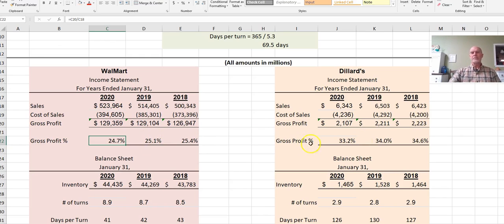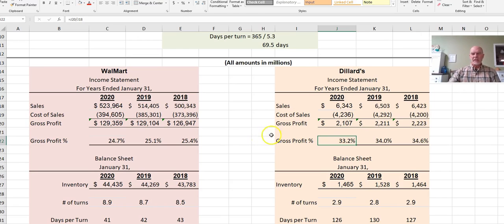So Dillard's, not a very different type of store, very different type of strategy. I'm just using it for comparison. But their strategy is not to have such low prices like Walmart, so their prices include a larger markup. And plus they might carry different types of items as well, of course.